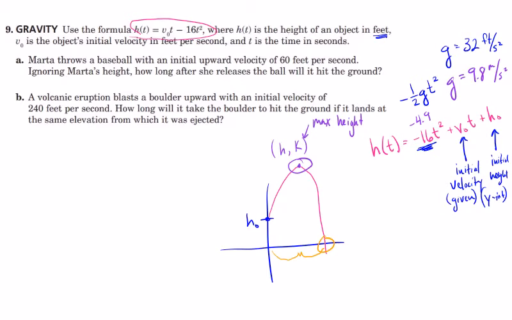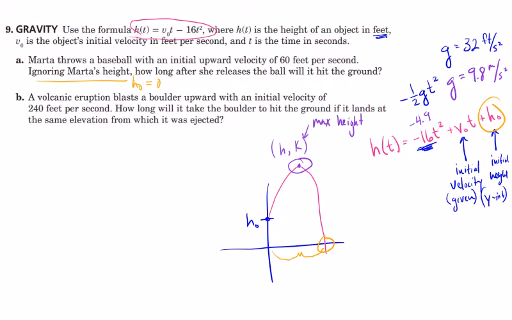So they give us that formula. Notice they don't have an h naught, right? That's because we're assuming it's from the ground. If h naught is 0, that means it's on the ground. So you can see here that we're ignoring Martha's height, so we're basically saying h naught equals 0. They're just giving us a formula.